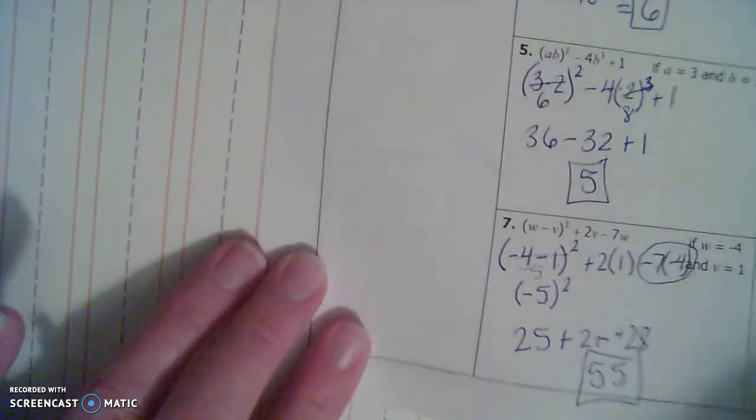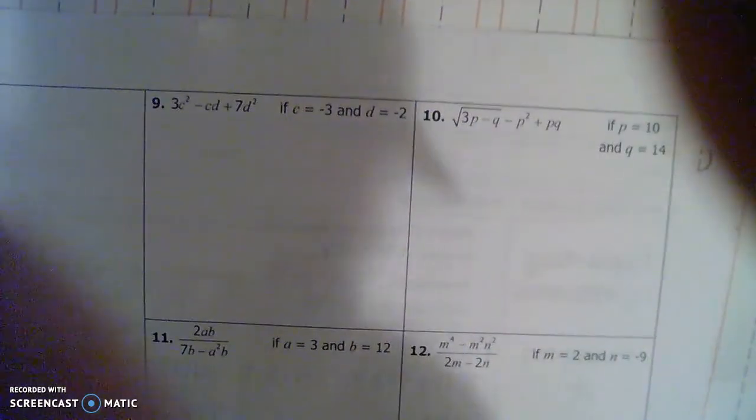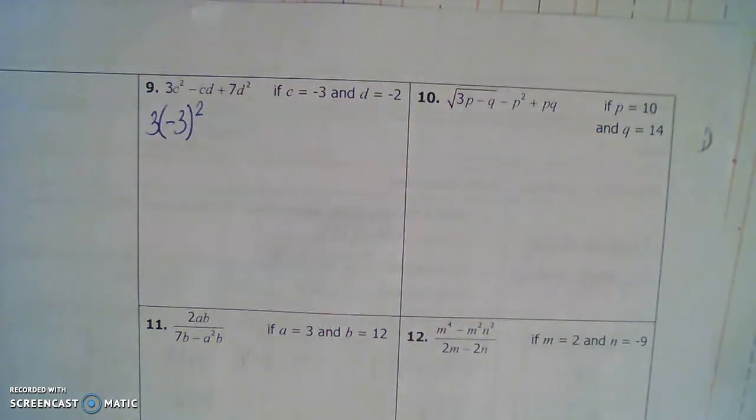So now we'll go ahead and try the odd ones on the back. So starting with number 9. We have 3 times C, which is negative 3 squared. Again, only the negative 3 is what is being taken to the second power, so that's what should be in the parentheses.